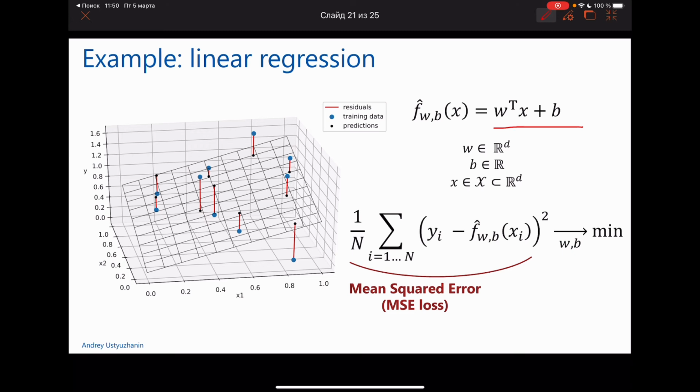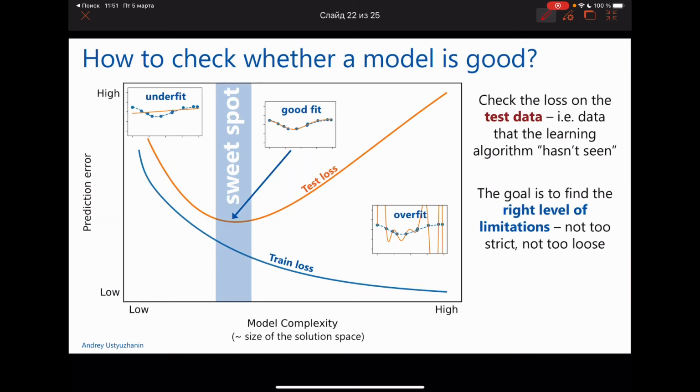So it is an L2 norm, or distance between ground truth labels and predicted labels, squared and averaged over the number of points in your dataset.